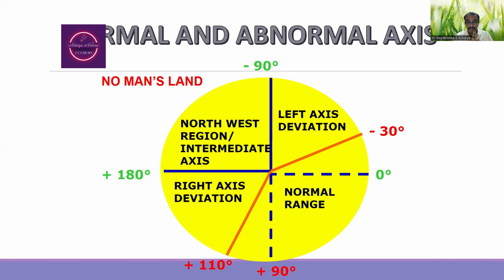And if the axis is lying between minus 90 and plus or minus 180, then it is said to be the northwest region, or otherwise the intermediate axis. It is also termed no man's land, because this is the area where the electrical axis will not usually be present in almost all electrocardiographic recordings. This may be present in cases of probably dextrocardia.